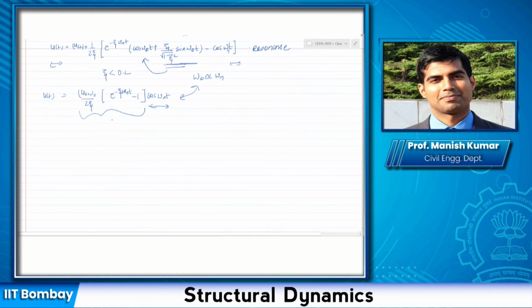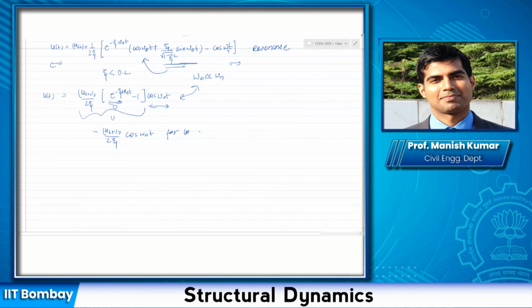Now can you tell me, as t becomes very large, does my amplitude become unbounded here? What will happen when t is very large? This term would vanish, it would become 0. I would be left with minus 1, and the amplitude that I would get would be minus u_st0 over 2 zeta, times cos omega n t for large t.